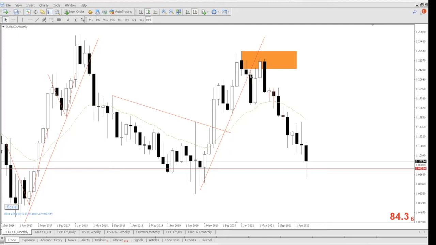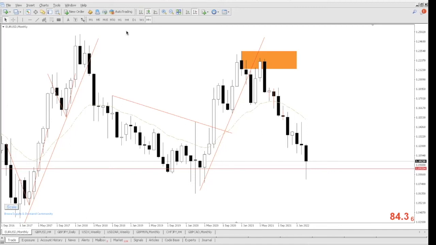When it closes outside here, you set your sell limit. If this was a trade, I would have set my sell limit, and then price reversed, tested the area, and started falling. That is how you enter your positions. Any question there?